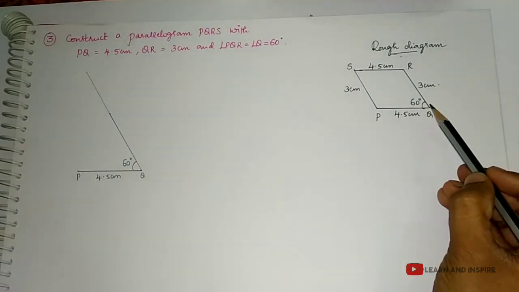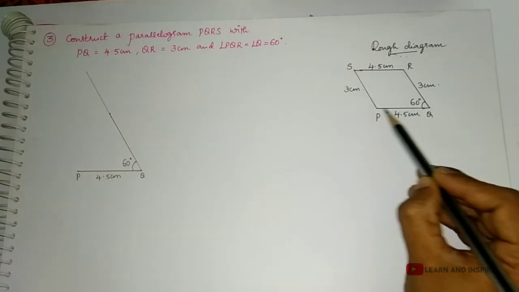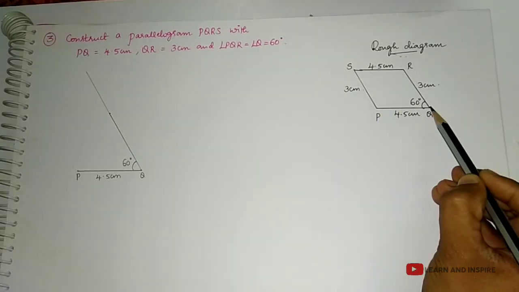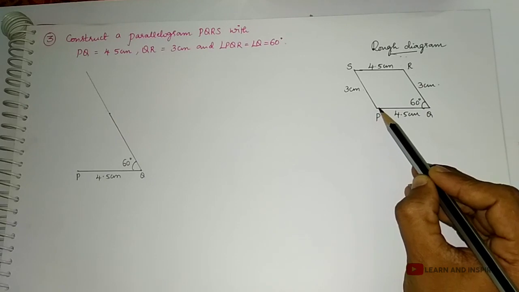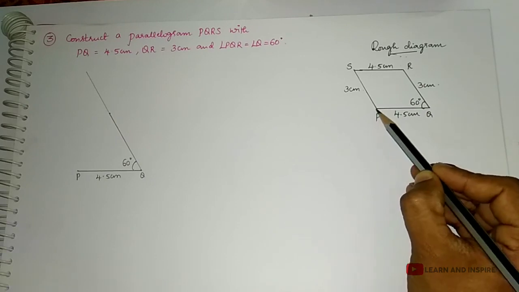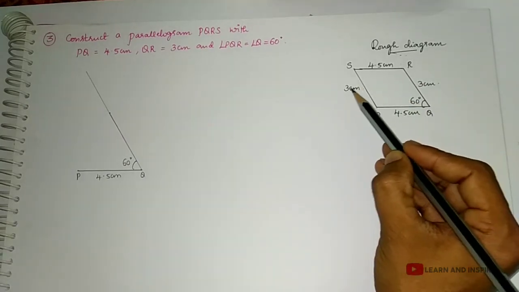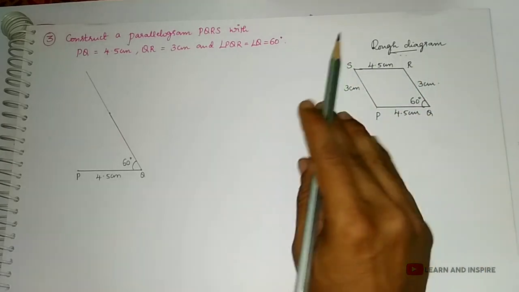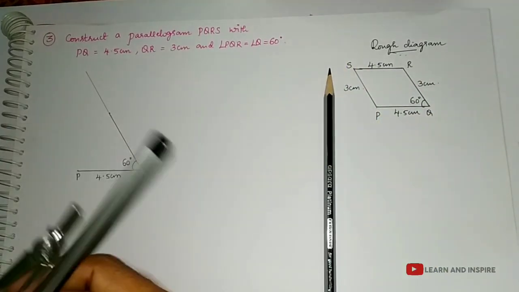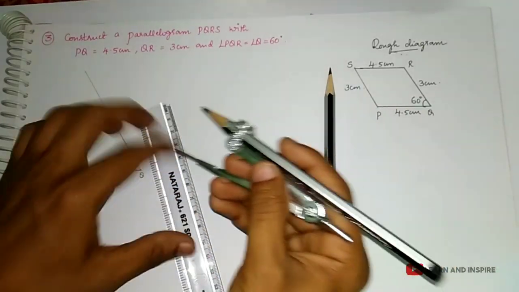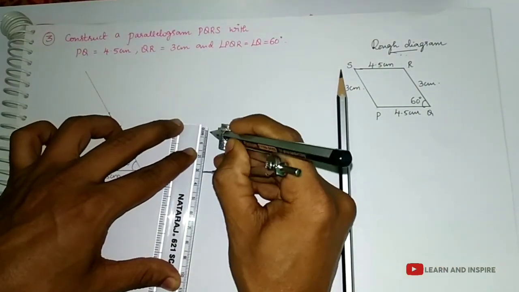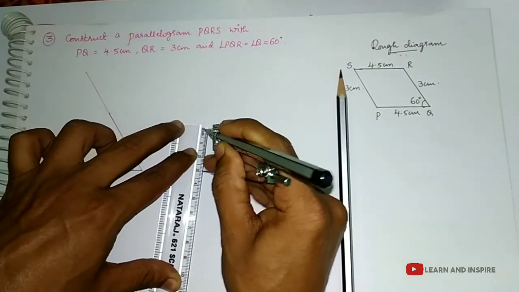Now the third step we have to construct is either with center P or with center Q. So I start with center P. With P as center and radius 3 centimeters, draw an arc. Take 3 centimeters.